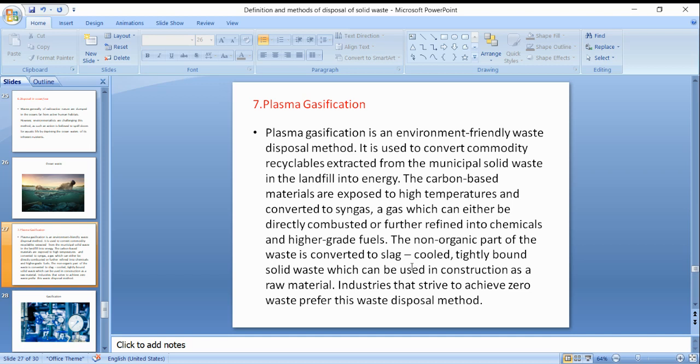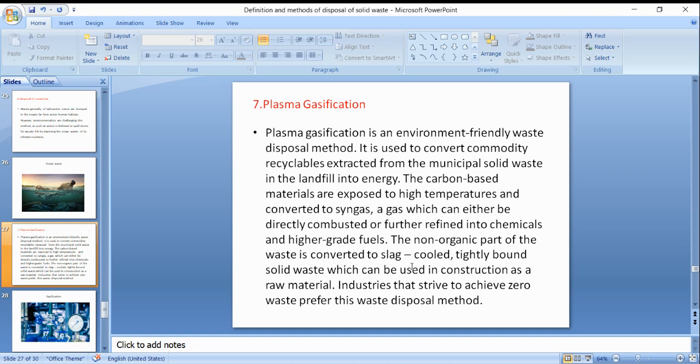The carbon-based materials are exposed to high temperature and converted into syngas, a gas which can either be directly combusted or further refined into chemicals and high-grade fuels. The non-organic part of the waste is converted into slag, a cooled, tightly bound solid waste which can be used in construction as a raw material.